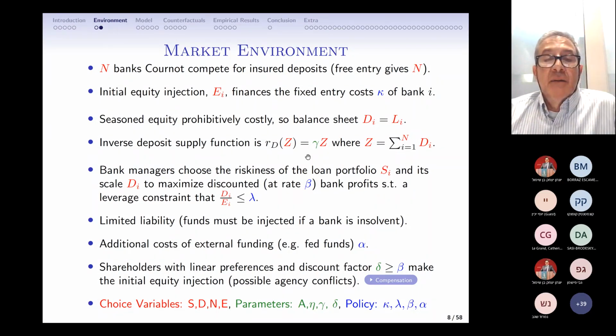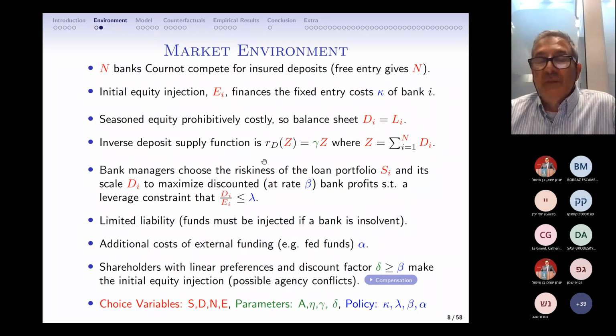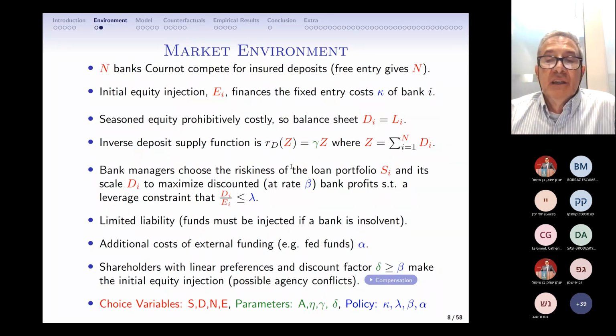Except for the initial equity injection, which is important for free entry, this inverse deposit supply function is again in an Allen and Gale framework.